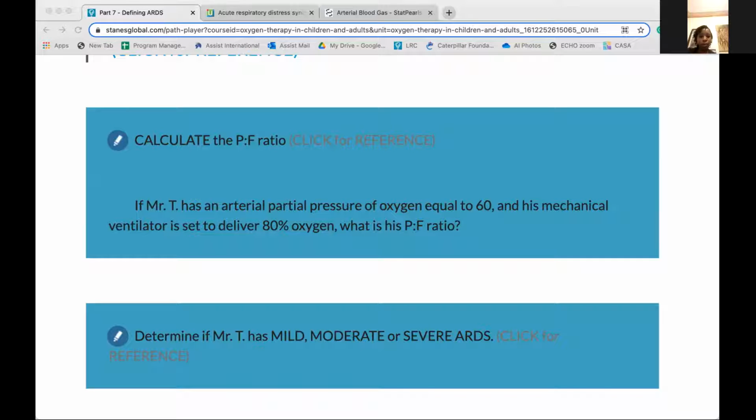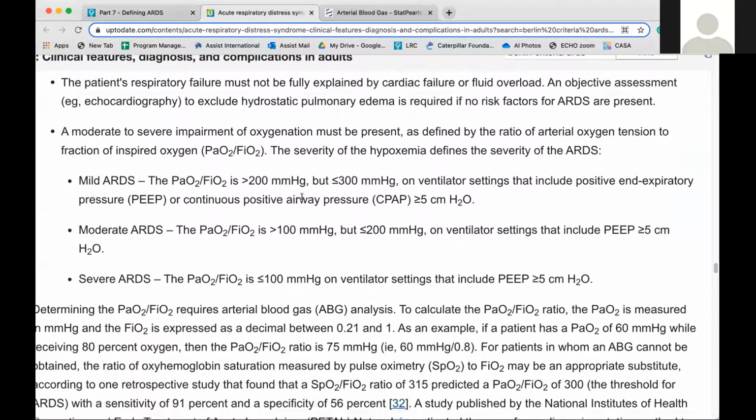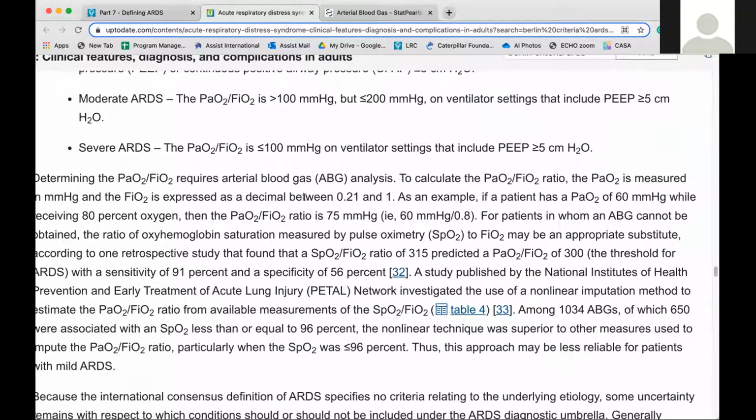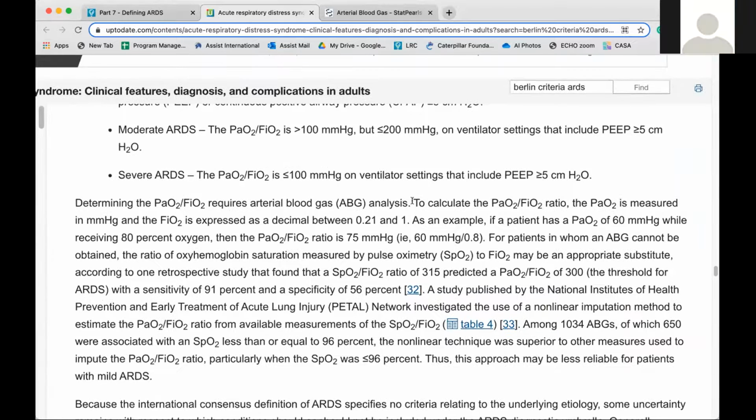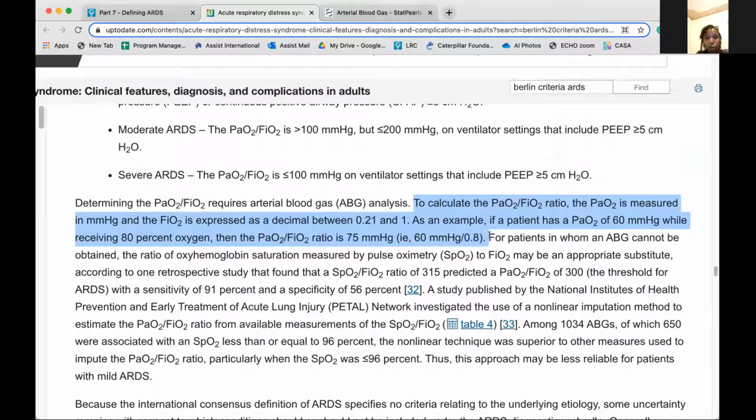So anyone else wants to try? I've only seen one answer. There's someone who's talked about 75, yeah. Good. I've seen two. Okay, I've seen 75. So the 75 is correct.